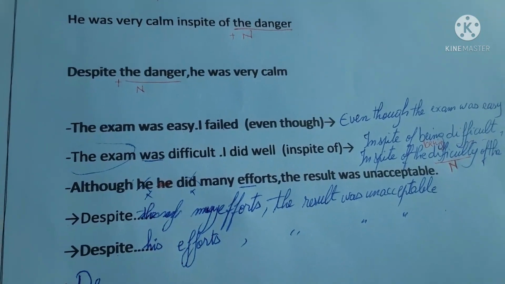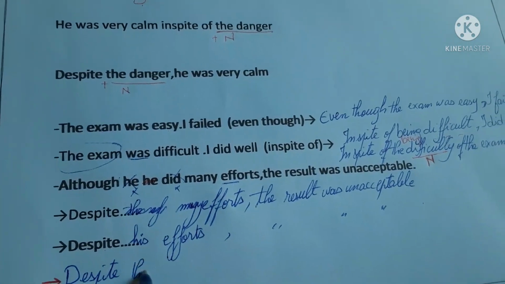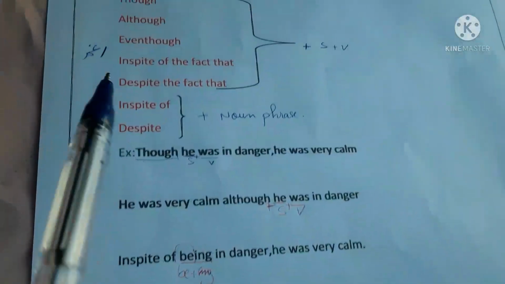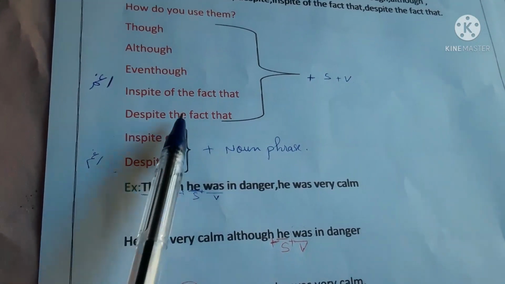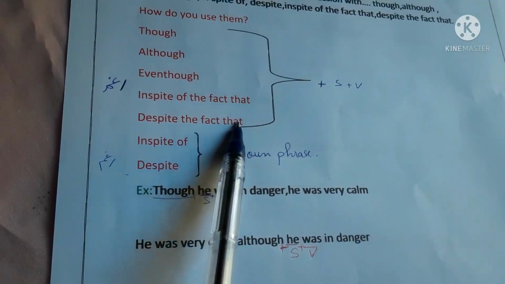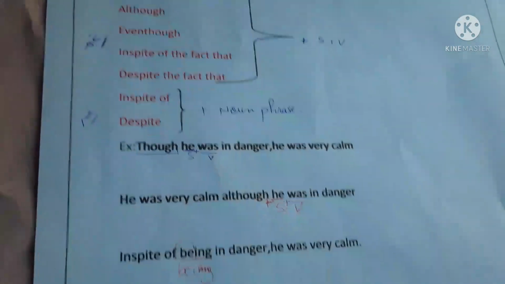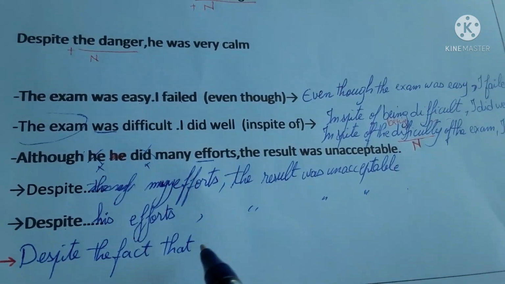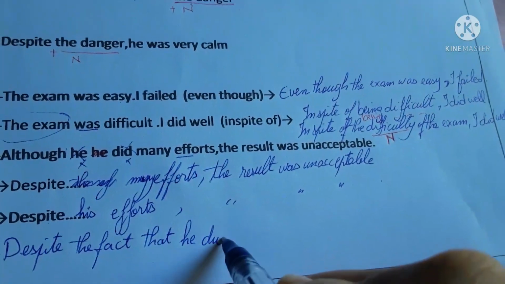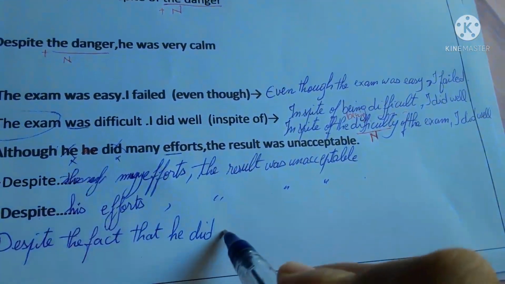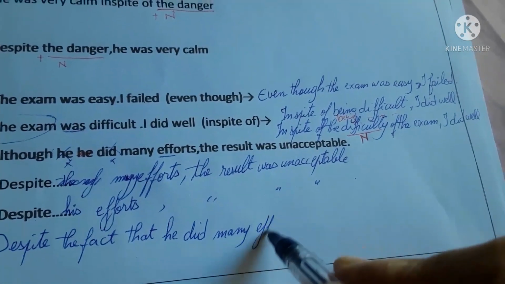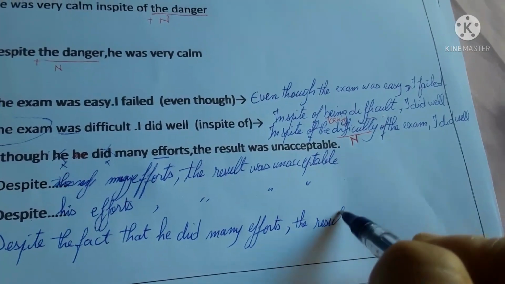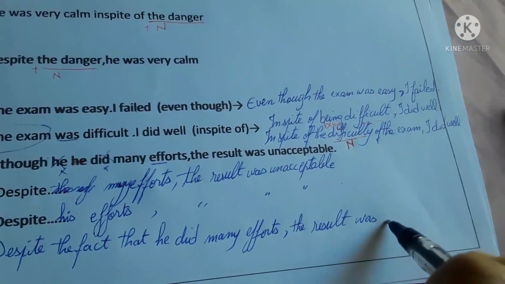We say despite the fact that. نزيدوا لها the fact that. despite وحدها نزيدوا لها the fact that تولي كيما هذه despite the fact that. معناتها نقدروا نستخدموها plus subject plus verb. It will be despite the fact that he did many efforts, the result was unacceptable.